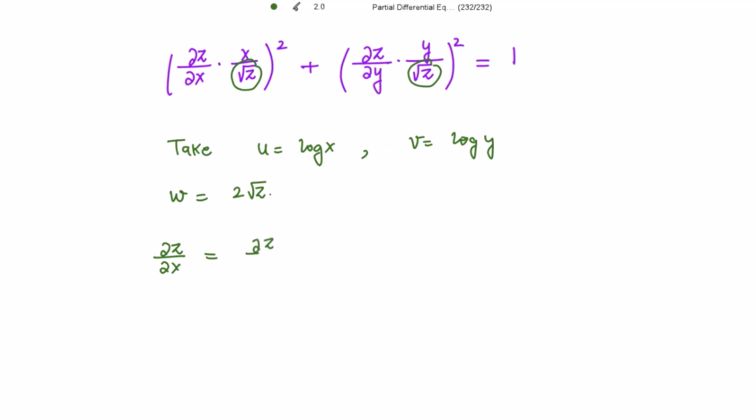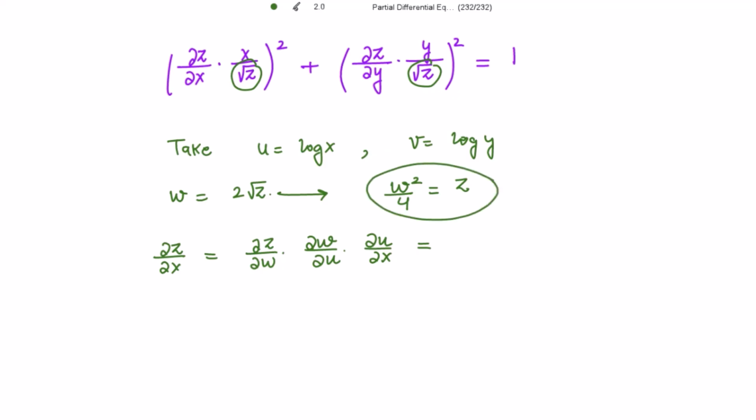So what is del z by del x? It is del z by del w by del u, and then del u by del x. Let me write this as squaring both the sides. We have w square divided by 4 equal to z. Derivating z with respect to w, what we get?